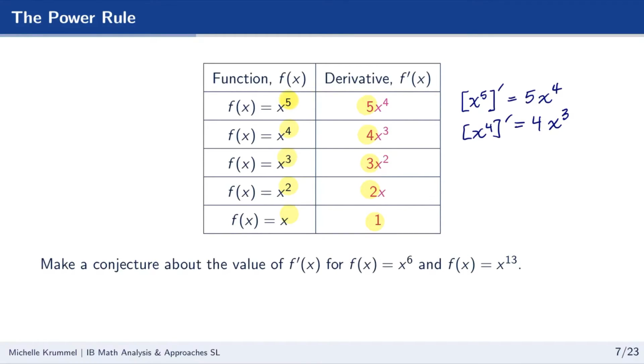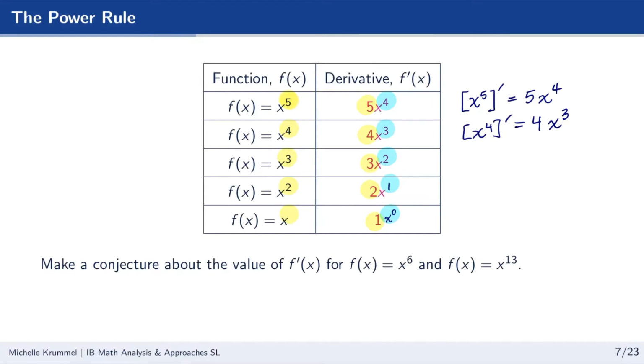When the original exponent was 5, the new exponent is 4. When the original exponent was 4, the new exponent is 3. When it was 3, the new exponent is 2, and so on. Then it's 1, and then it's 0. We can think of 1 here as x to the power 0, and this is x to the power 1. So it looks like in the derivative, the new exponent is just 1 less than the original exponent.